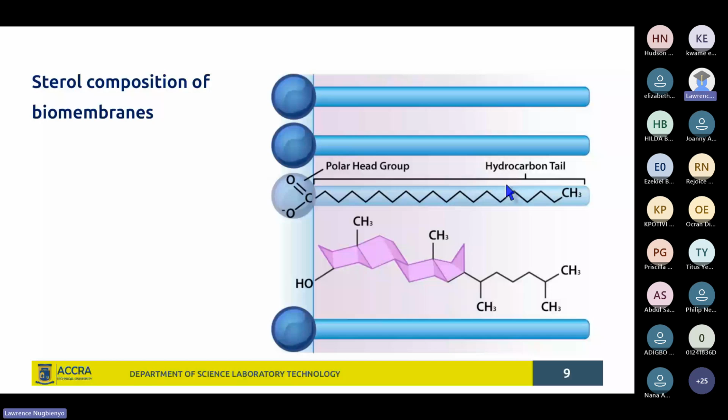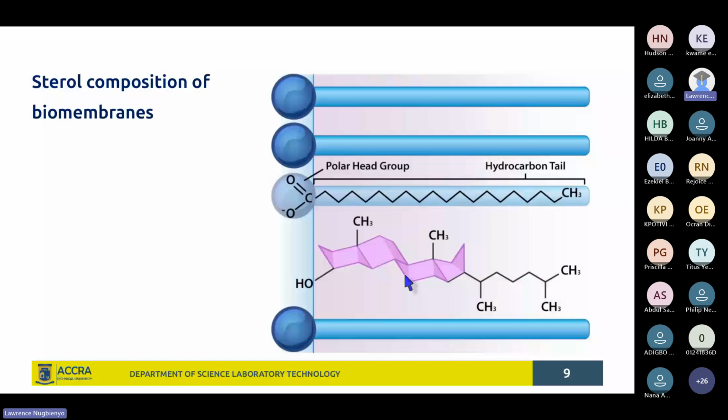And because you have those 4 rings, you can see those 4 rings are occupying such a large space. And then you have a side chain also, which is occupying such a space. And with such hydrophobicity and the space that they occupy, they are able to regulate the fluidity of the membrane.